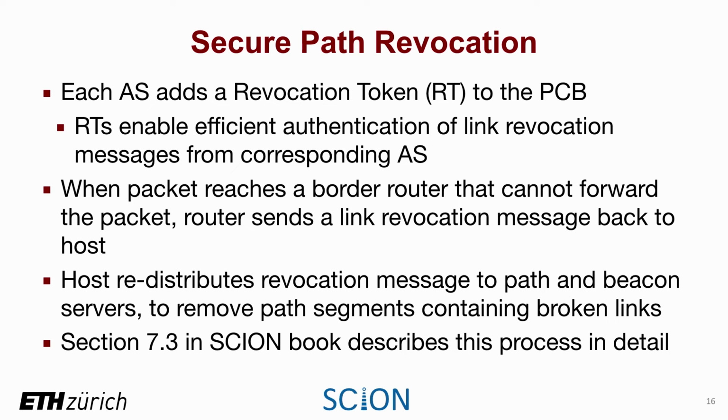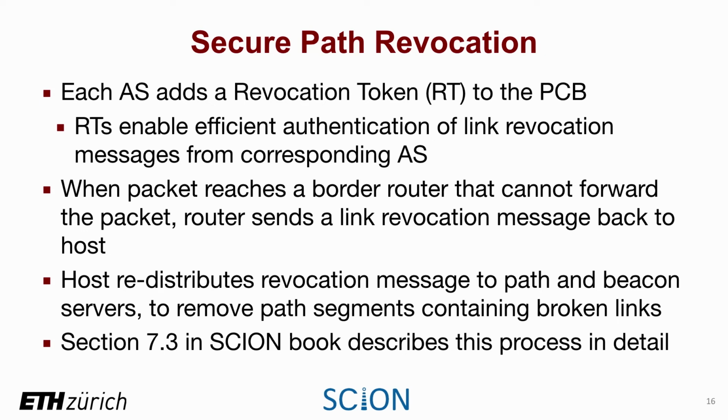But in essence, when a packet reaches a border router that cannot forward the packet because of a link failure, the router sends back a link revocation message to the originating host. And a router can always do that by turning around the path that is encoded in the packet, as we're going to see in the data plane video.